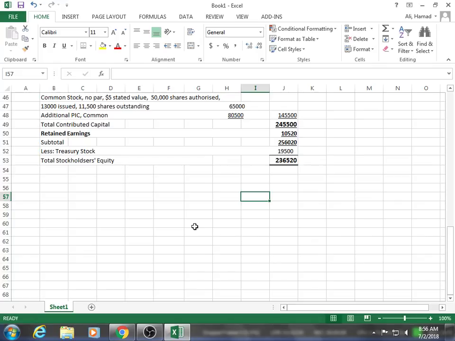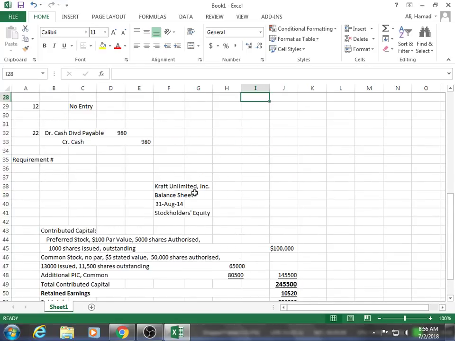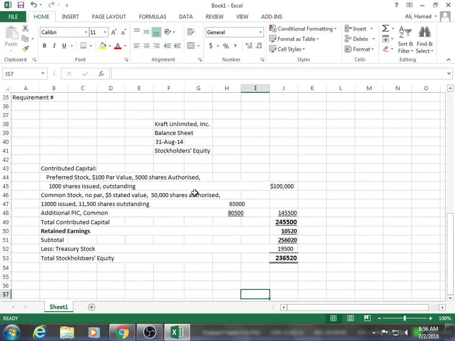Okay, take a look here, everyone. See how the stockholders' equity looks? 2 major components, 3 components actually. You have the contributed capital, which is the preferred, common, and additional paid-in capital.